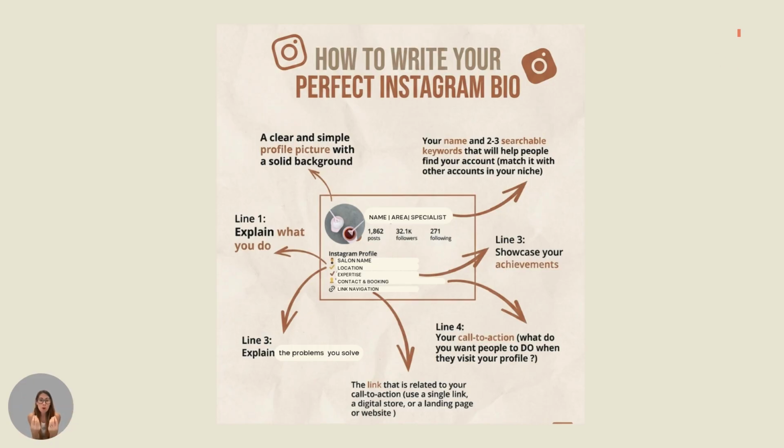So make it memorable. You have the opportunity to optimize your name with 3 searchable keywords, and that's going to help people find your account. So utilize the keywords to match to your niche. The most simple recommendation that I can give you is you're going to have your name, you're going to have your area.